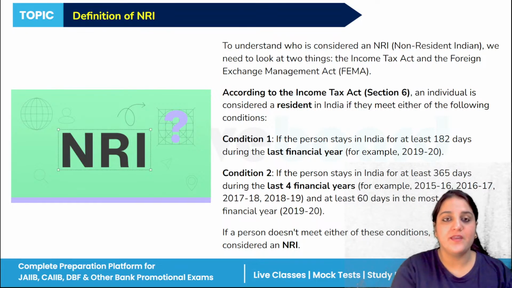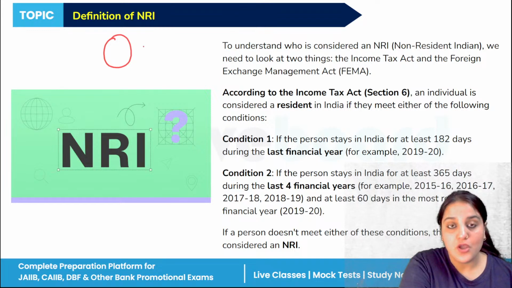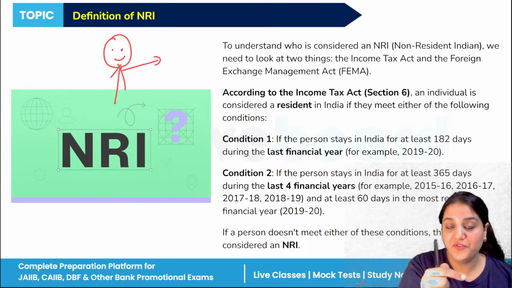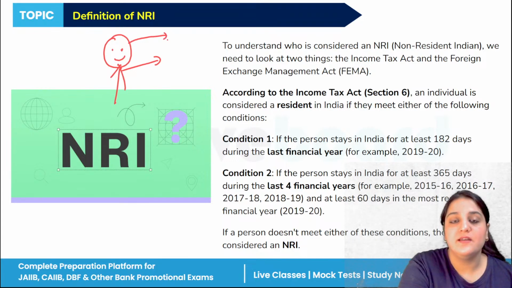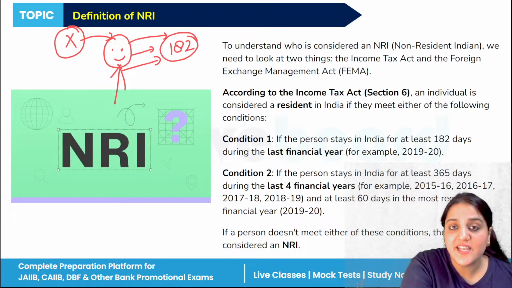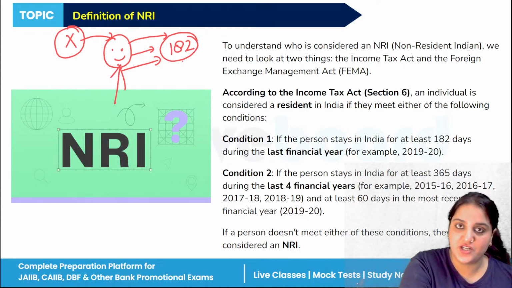Who are NRIs? An individual who is considered a resident of India. Just concentrate on the words. Suppose this person is X. X is considered a resident of India if this person stays in India at least 182 days in the last financial year.